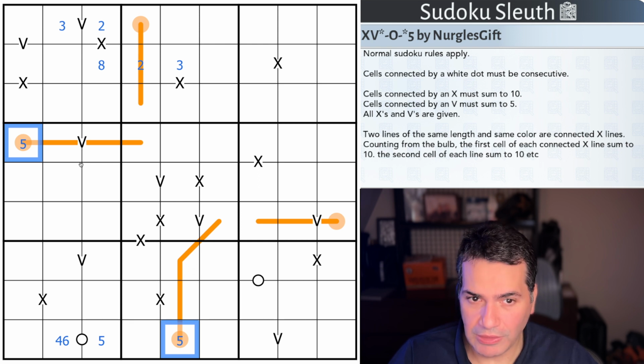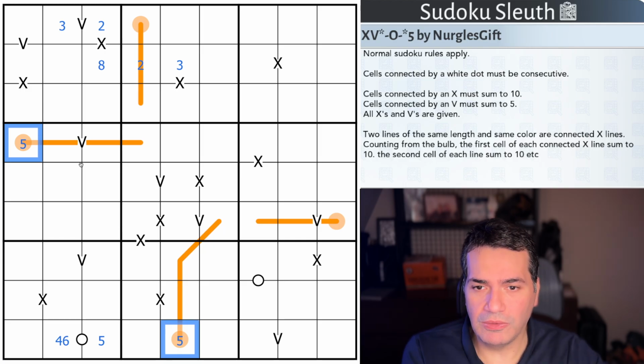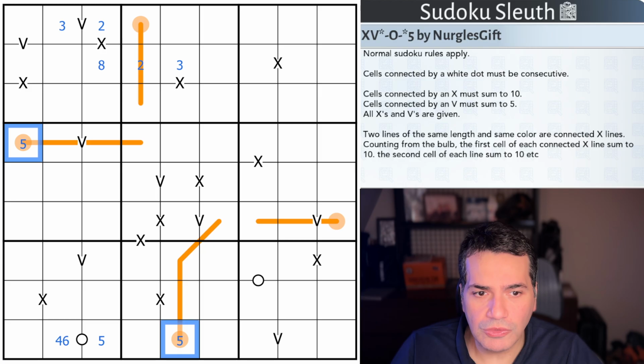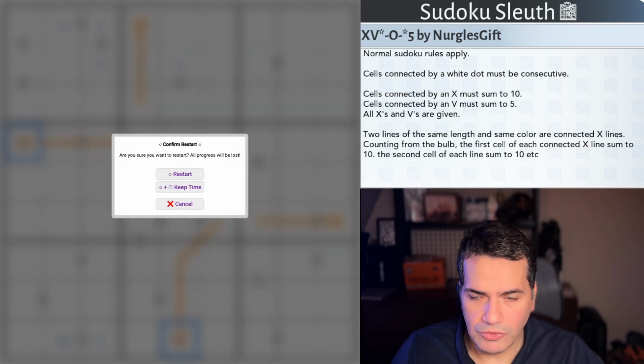It doesn't feel likely, or if 5s are allowed. So I'm going to make the assumption that NurglesGift knows what he's doing, and that 5s are a consideration for today's connected X lines. Right, that's all the rules we have for today. So as always, to play along, link in the description down below for you to do so. And with that said, I'm going to restart the clock and see how I get on.